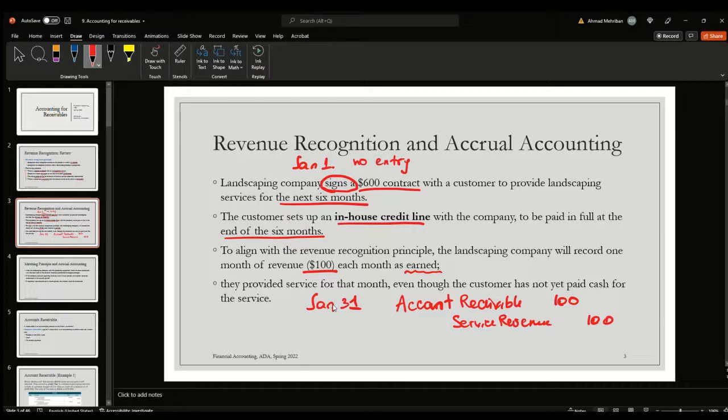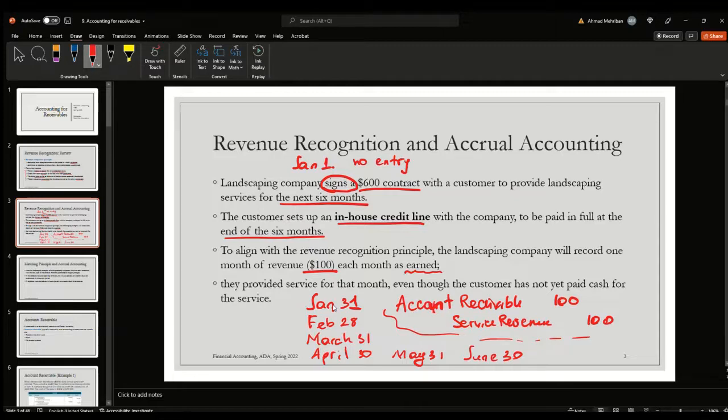Similar entries to this one we will do on February 28, March 31, April 30, May 31, and the last one will be June 30. On these days we will make similar entries: account receivable 100 and service revenue 100.